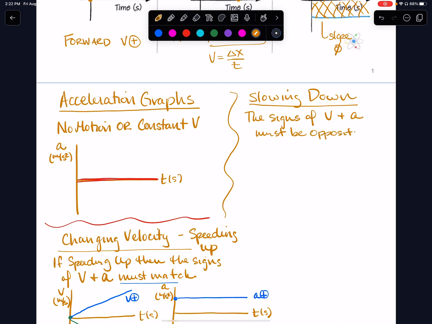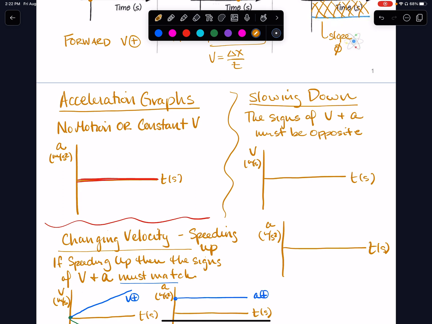They're working against each other, and then that slows our object down. All right, so I'm going to stack these this time. So velocity and time, and then acceleration and time.